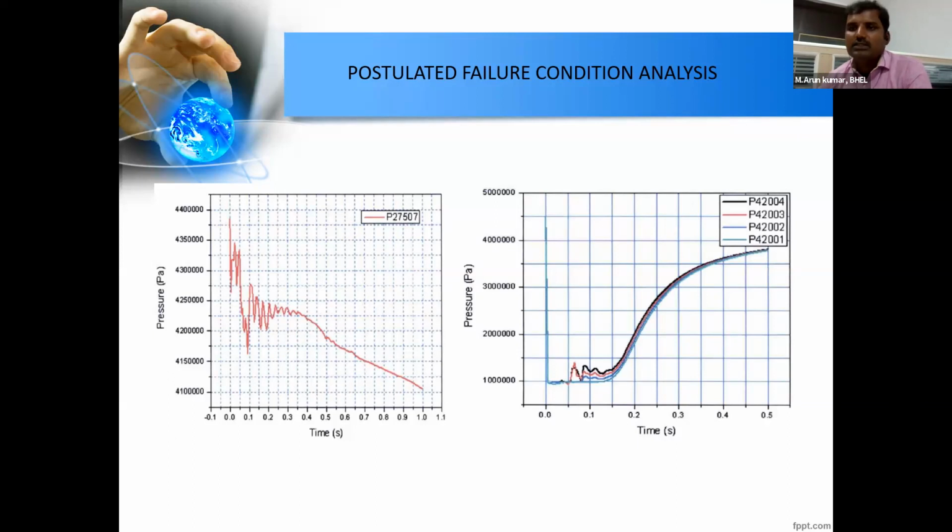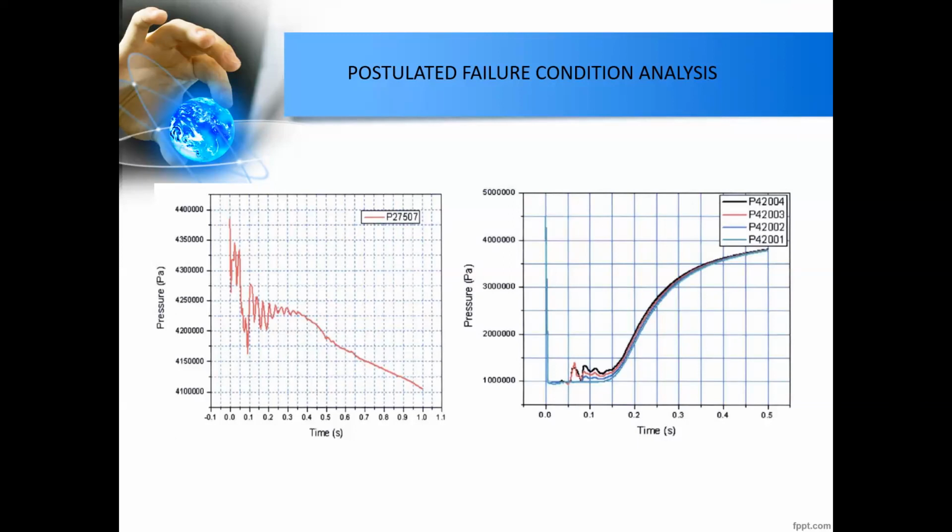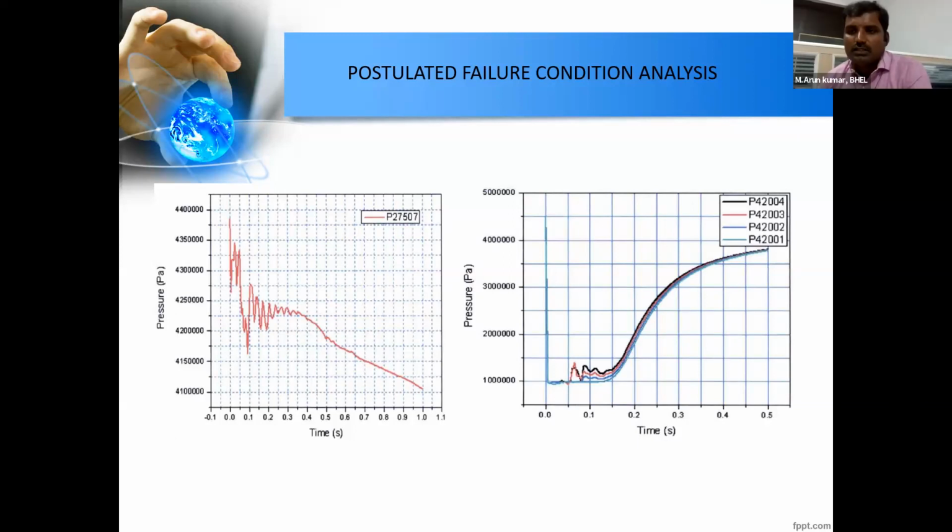So within 3 seconds, this pressure difference produces a huge external pressure on the components, internals. So our internals have to be designed for this post-line failure condition also. In case of our nuclear steam generator, there are two post-line failure conditions. One is feed water line break, and another one is main steam line break. So we have introduced many components in case of this post-line failure condition analysis.